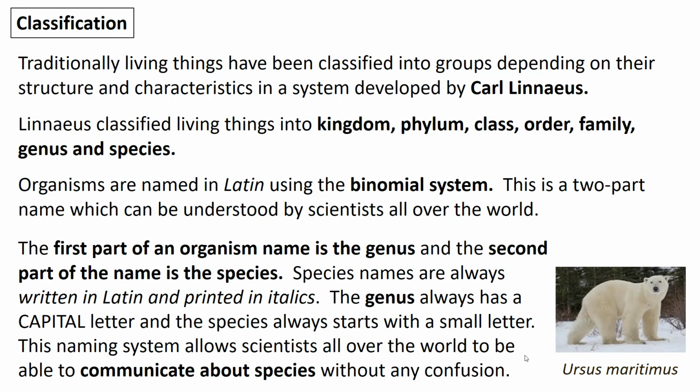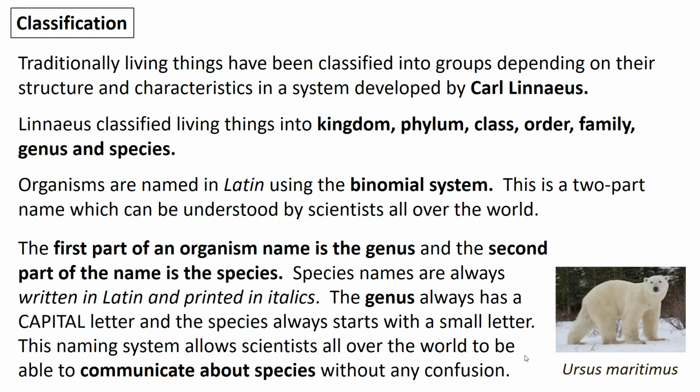The first part of the organism name is the genus, that classification group. The second part is the actual species name. Species names for every single living organism are always given in italics and in Latin. The genus has a capital letter and the species starts with a small letter.